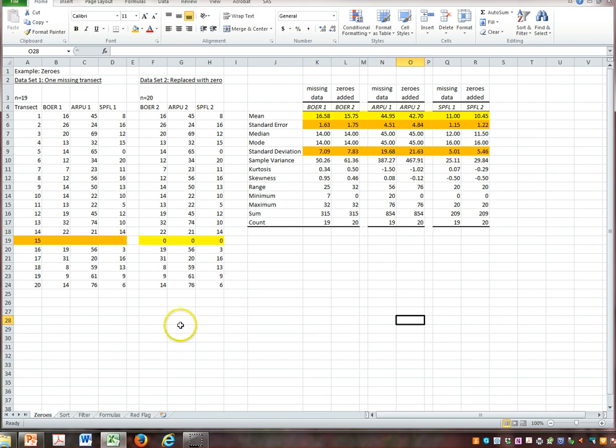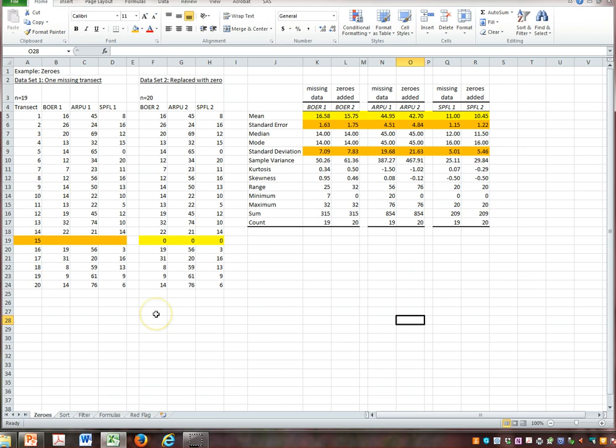It's important not to do this for a couple of reasons. It affects the mean and also our estimate of the variability, but it's also arbitrary. A zero means something. We could easily have inserted 25 or 30 or any other number. We don't know what the number would have been if transect 15 had actually been measured. But by adding a zero, you're saying something.